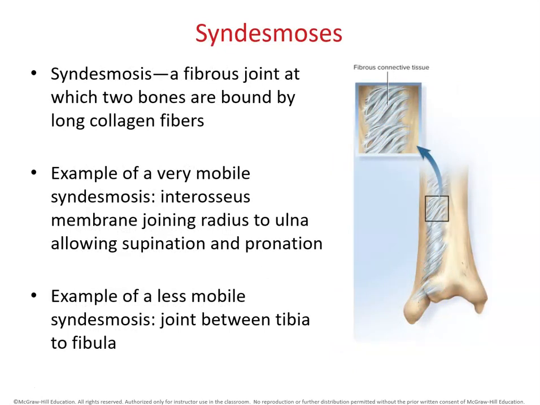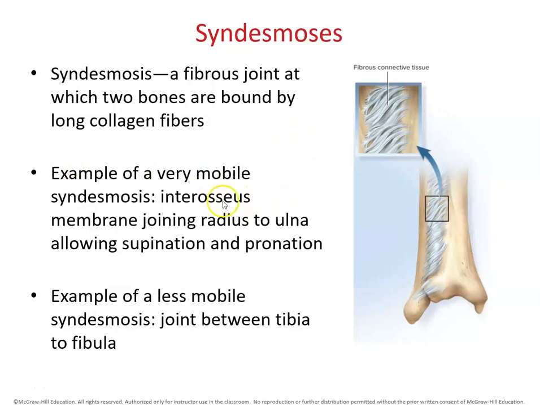All right, finally, our last fibrous joint is a syndesmosis. Syndesmosis is when two bones are bound by long collagen connective fibers. So this makes a very mobile joint in some cases and a less mobile joint in other cases.